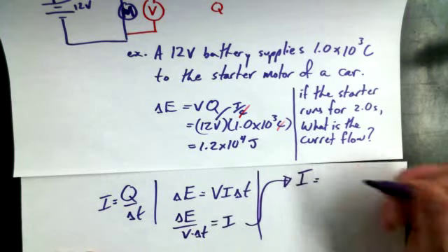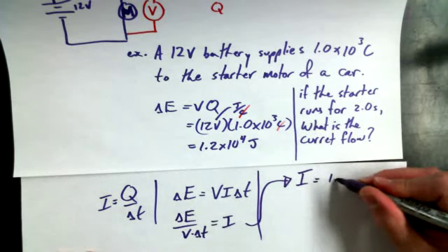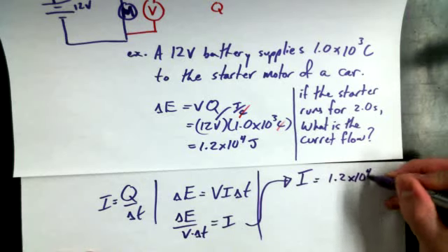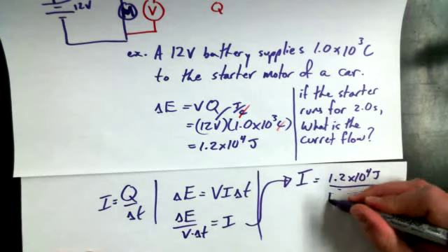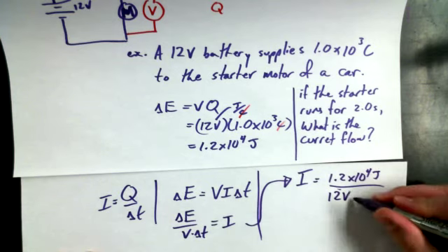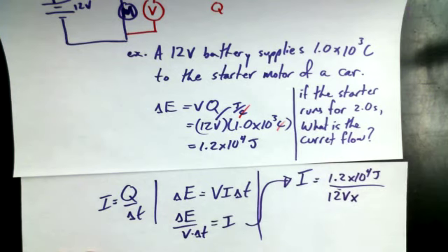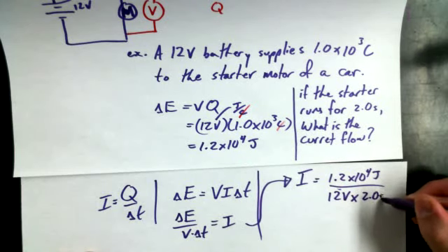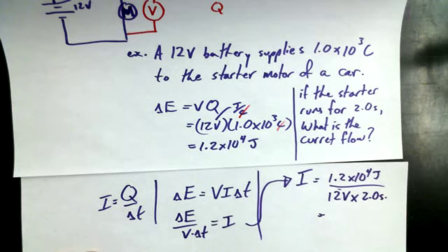I'd say that I is equal to, we previously found that it's 1.2 times 10 to the power of 4 joules divided by 12 volts times delta T. Now the delta T we said was going to be 2.0 seconds. So I predict this is going to be something like 5 times 10 to the power of something, but let's figure out what it is. 1.2 times 10 to the power of 4 is 12,000. 12,000 divided by 12 is 1,000.